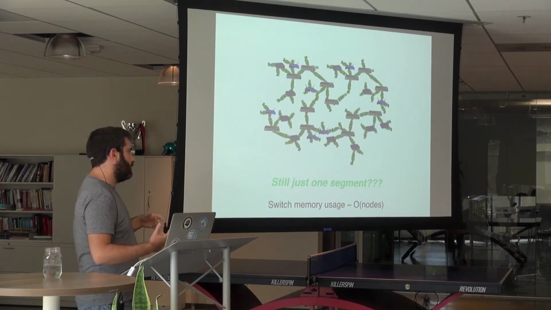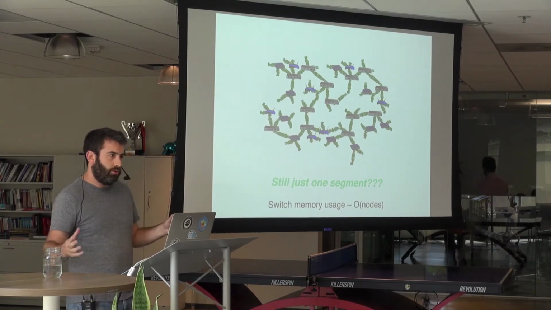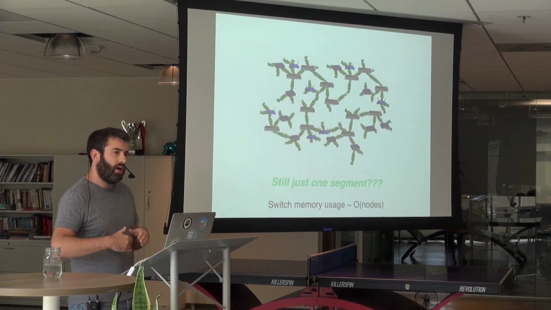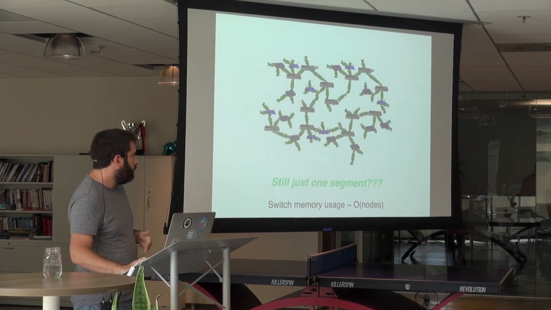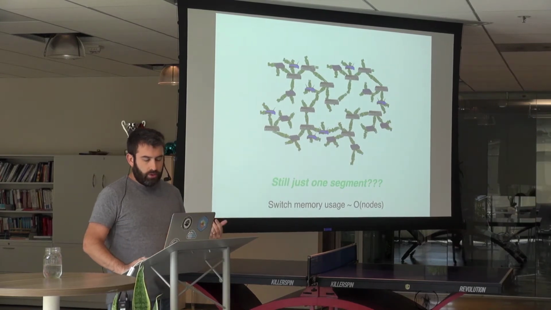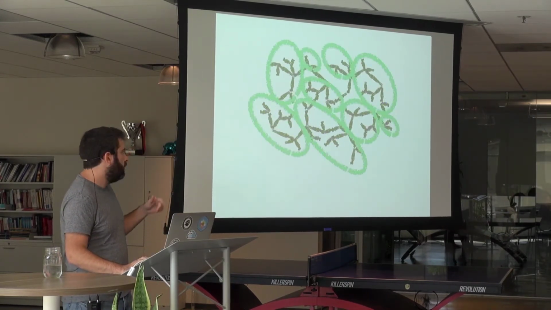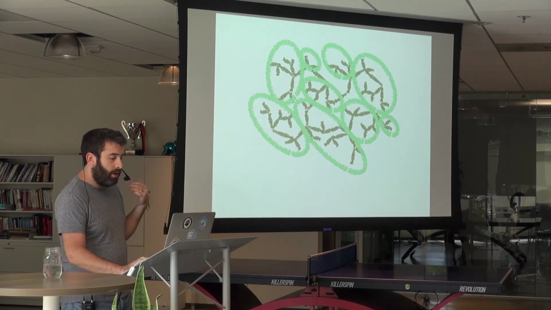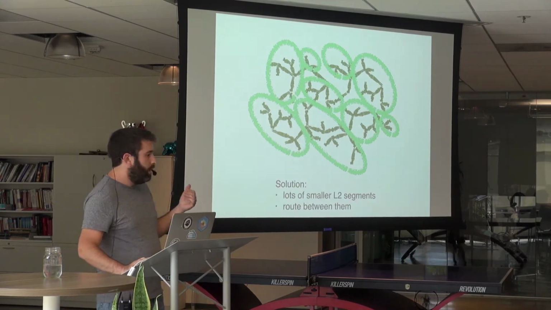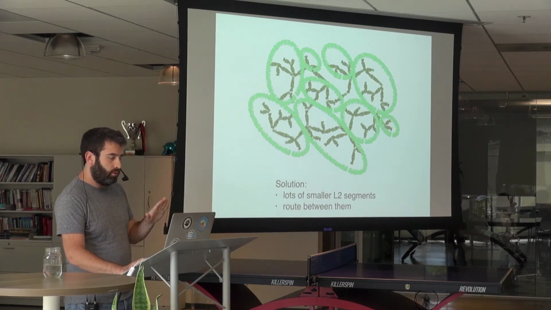So this does not scale. You can't build internet scale networks this way, because each switch would have to have gigabytes or maybe terabytes worth of memory inside of them. And so this is the motivation for segmenting the network, cutting it up into smaller layer 2 broadcast domains, and then doing routing between them. And that's the motivation for layer 3, but we'll get to that in a second.